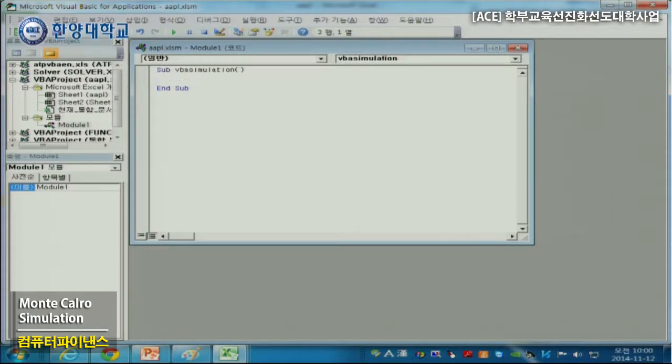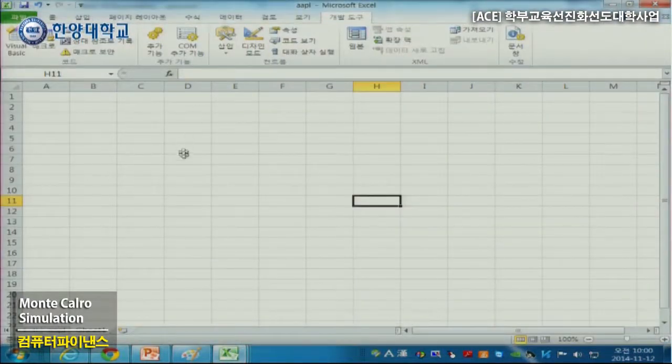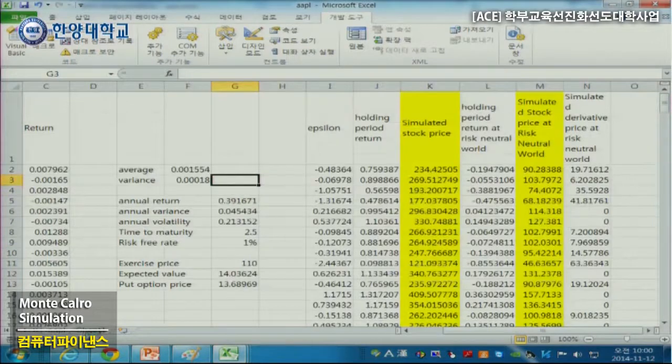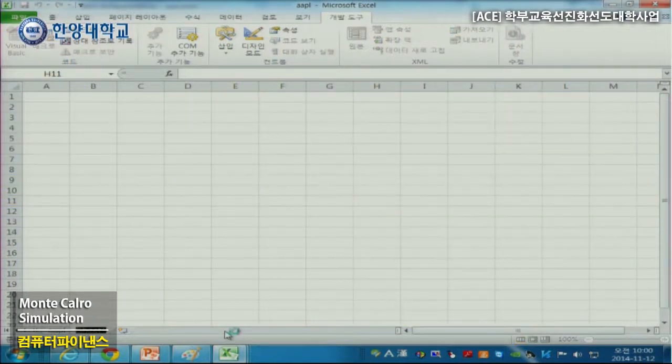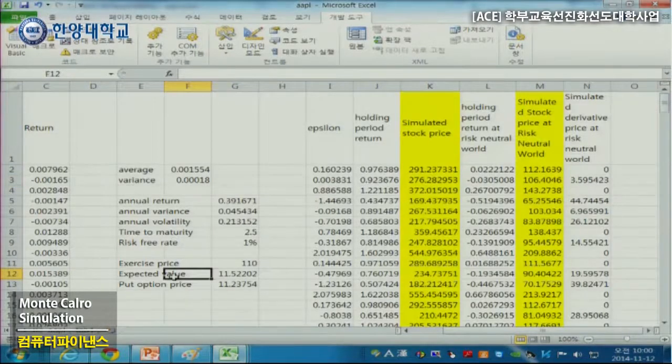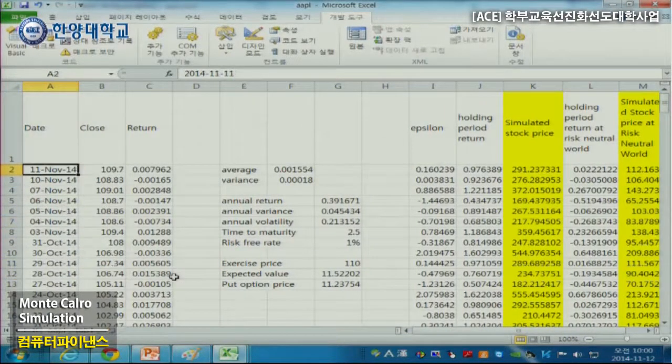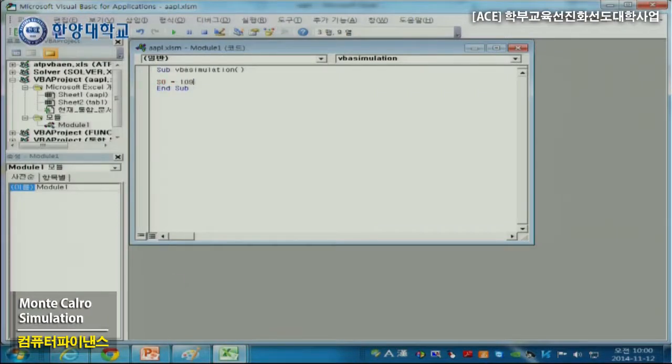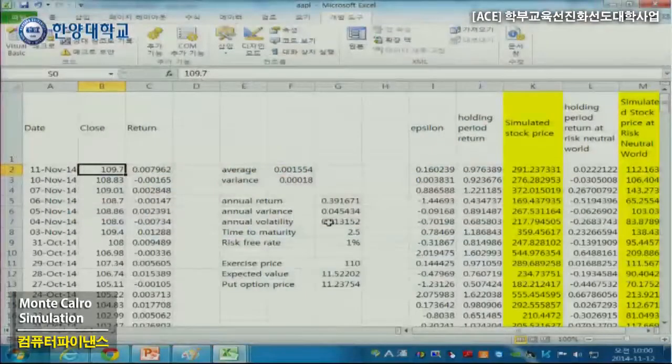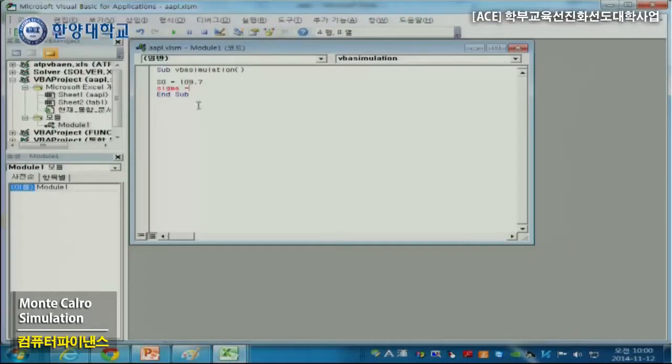Okay, so stock price S0, Apple's stock price is what? The name of this one is tab 1. Apple's stock price is 109.7, and then sigma is what? It is this one. Okay.